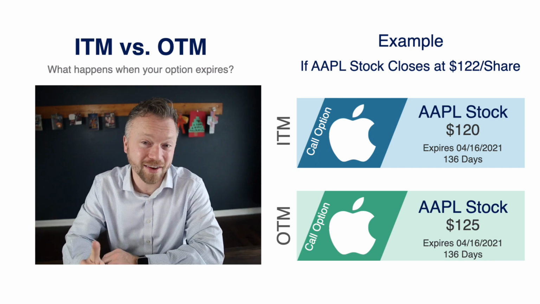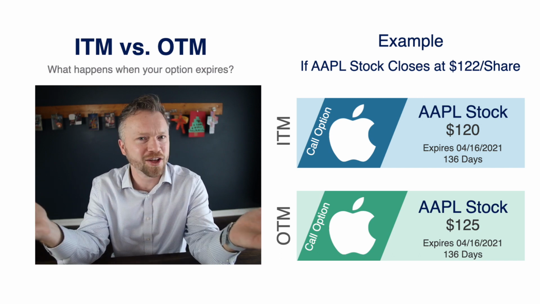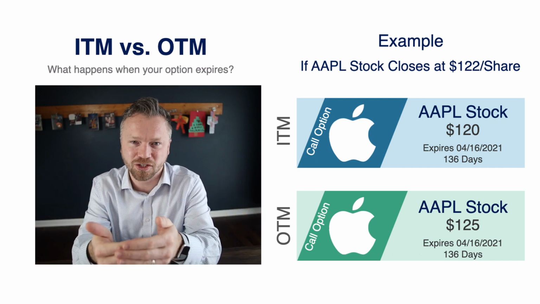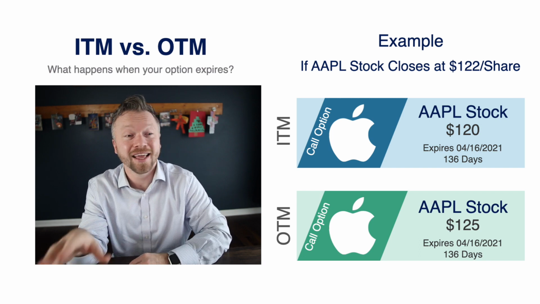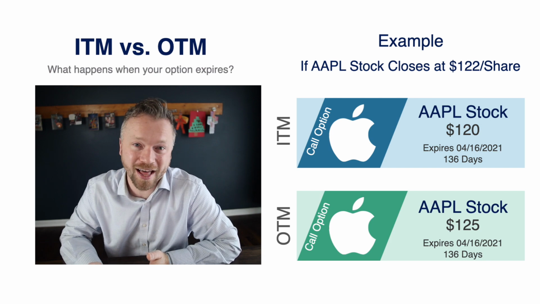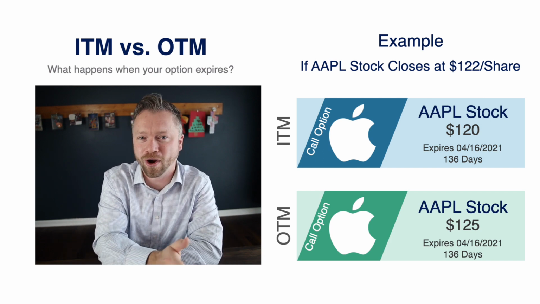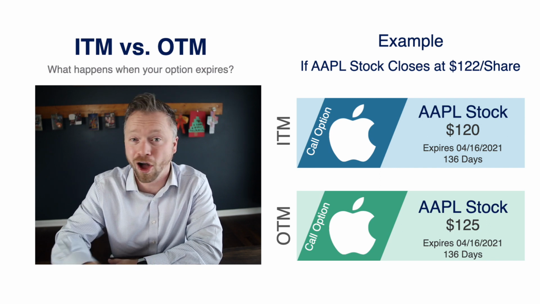If, however, you have an option that is in the money, if there is any value at all to this options contract upon expiration, it will exercise automatically. So if you have a call option, it will buy those shares of stock at the strike price on your behalf automatically.